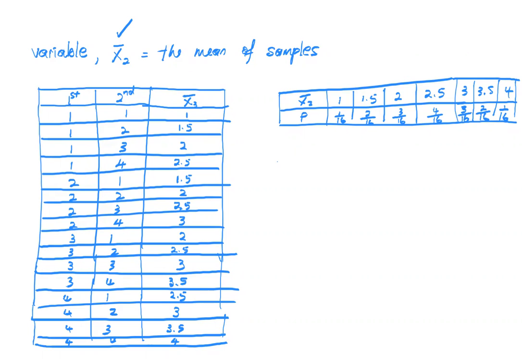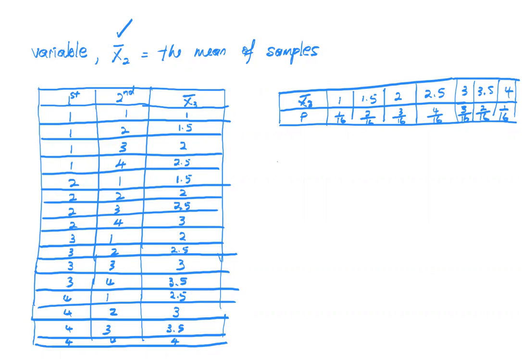Probability distribution table for what? Sample mean. So your variable is sample mean. So if you want the mean of samples, or you want to put sample mean, also can.